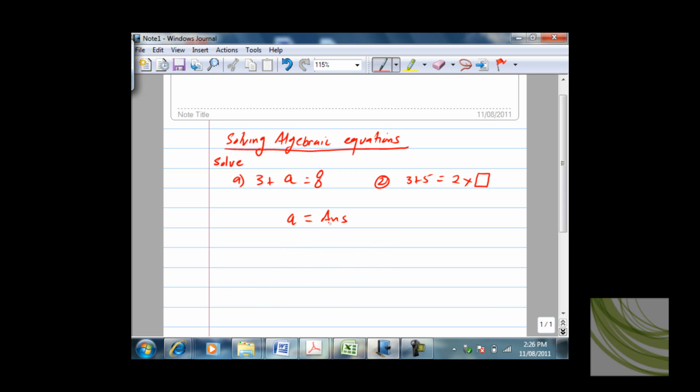So to do that in this particular equation, we need to get rid of that 3 and remove it and take it to the right. And there is a technique that we will use in doing that. And that technique is this. When swapping sides, swap the operation.